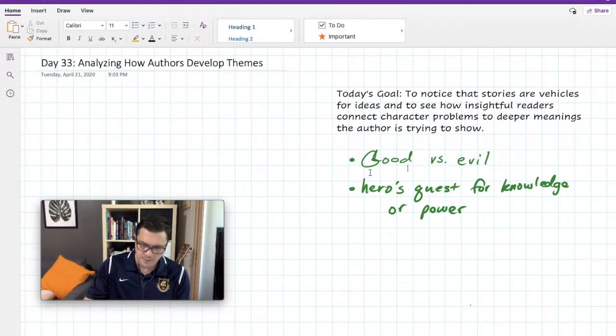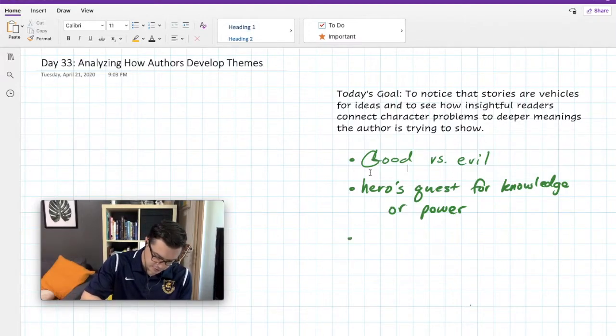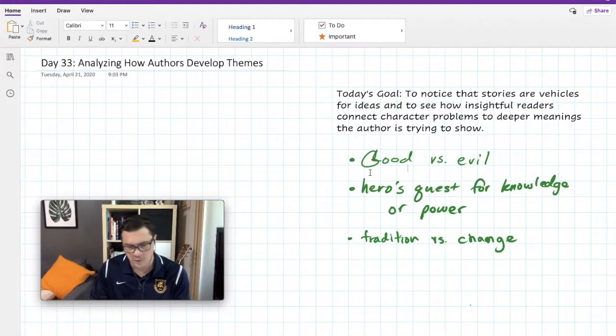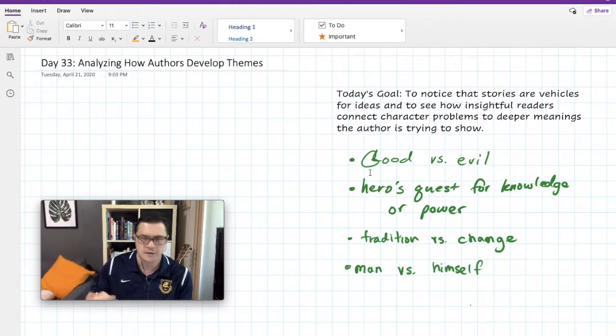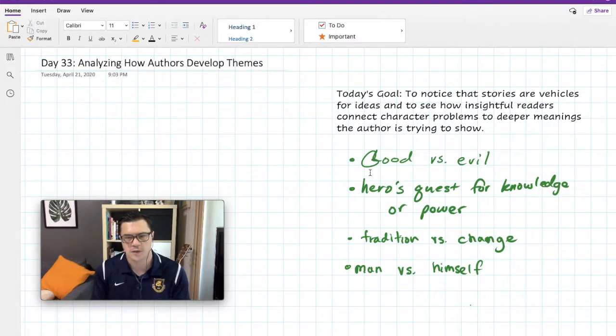Another one might be tradition versus change. Or man versus himself. And this one's similar to the hero's quest. And when I say man here, I'm referring to human.